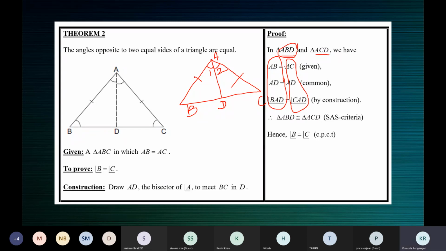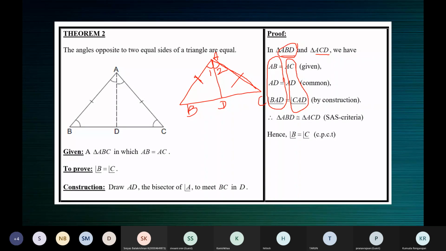Okay, so you can see here, side AB of the first triangle is equal to side AC of the second triangle, given. Next, AD. Ma'am, we can write A is the midpoint, like that we can write.